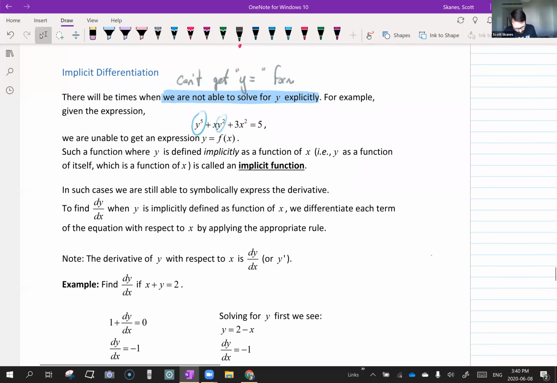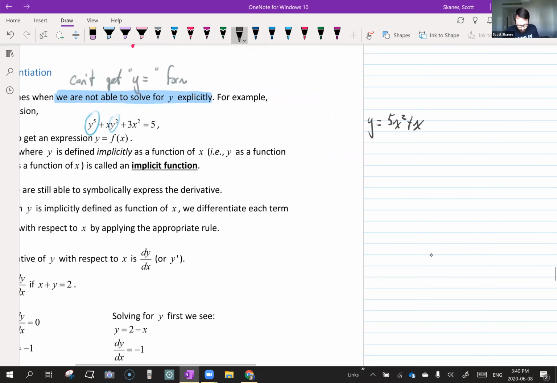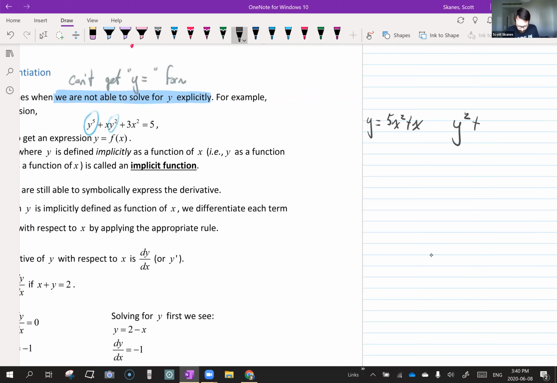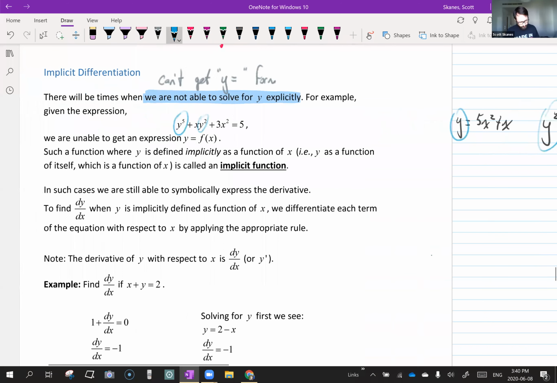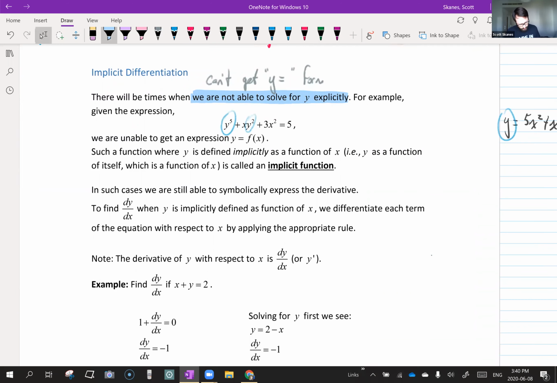Or more specifically, normally we're given things like this. You know, no problem. But today we're going to have things that are like this. And once again, in this case, there's only y on the left side. In this case, there's y in more than one place. That's a problem. We just go ahead and do what's called implicit differentiation. One thing to mention, and I don't know if you'll understand this or not, but I'll say it anyway.